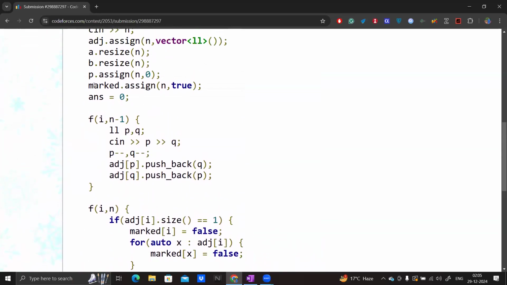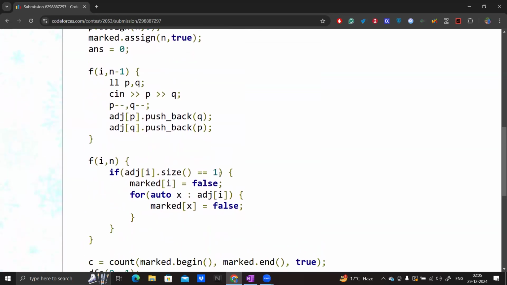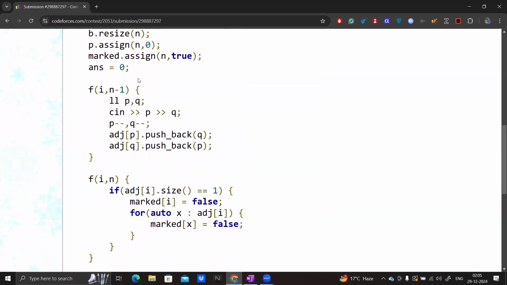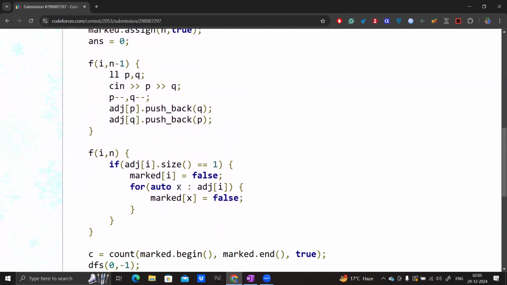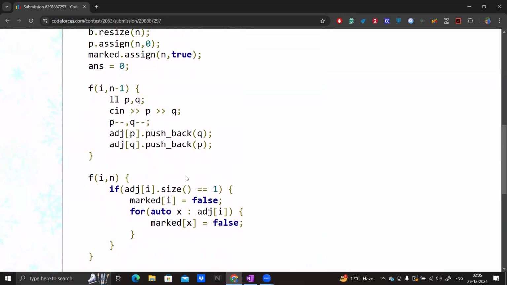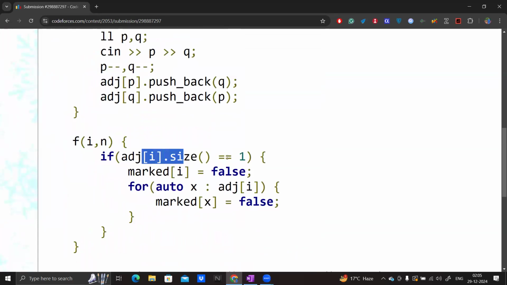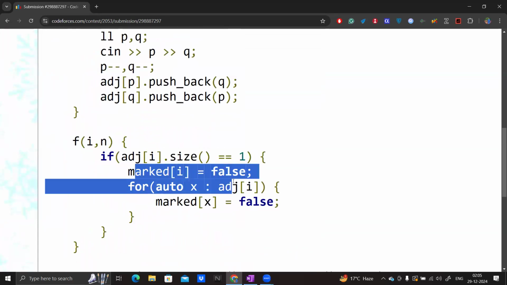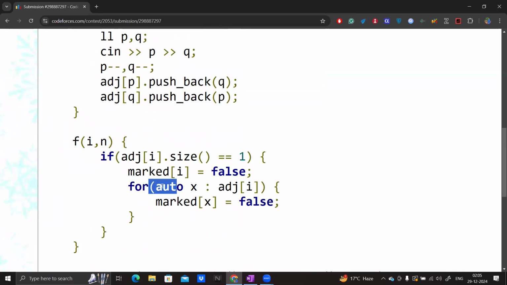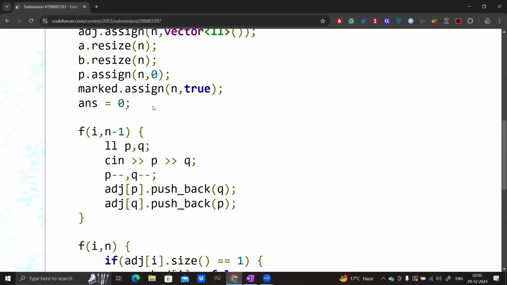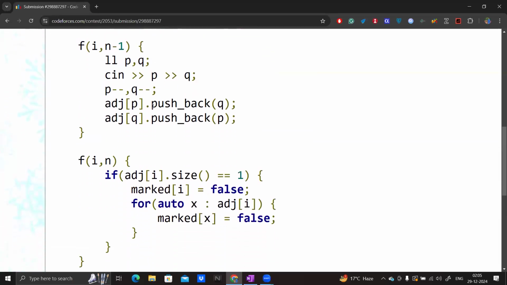So I have this array called marked, and marked means type 1 and type 2. If a node is type 1 or type 2, I'm marking it. Initially it is true, and then I assign it to false. If i is a leaf, then mark of i is false, and the adjacent to it, which are type 2, they are also false.